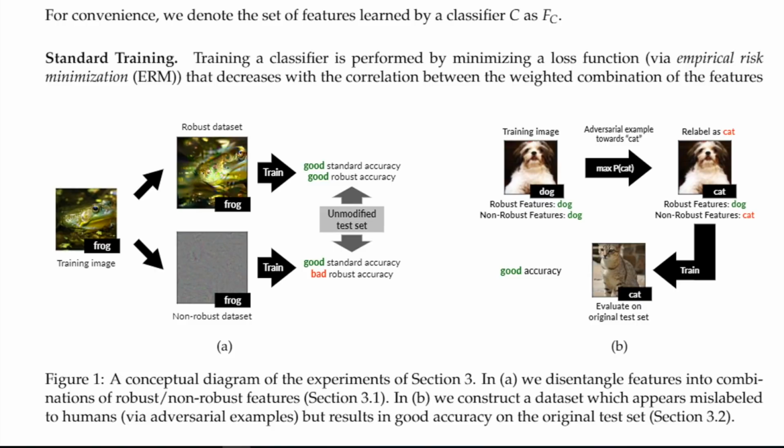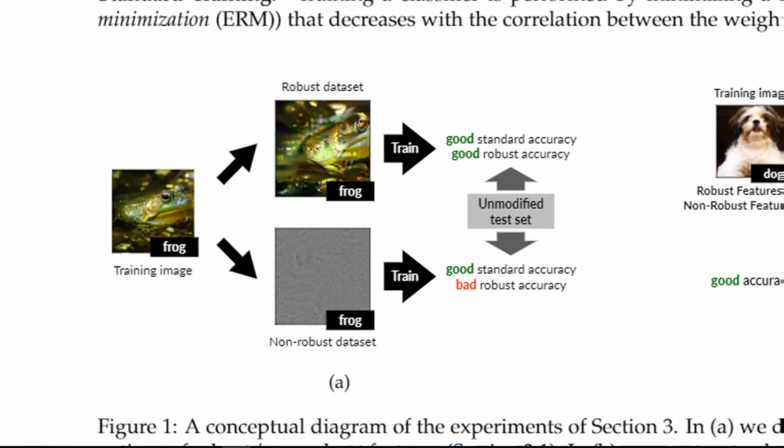First of all, here you just have to assume that they have some procedure where they can take an image of the training data set and they can decompose it into its robust and non-robust features, right? Don't ask yet how they do this, but they can decompose it into these 2 parts, right? So that's assumption 1. They have a procedure that can actually do that.